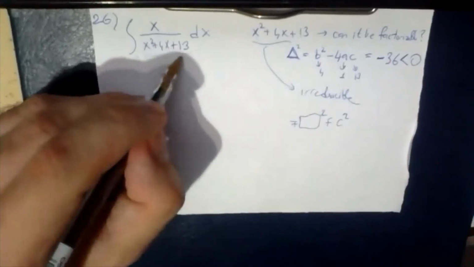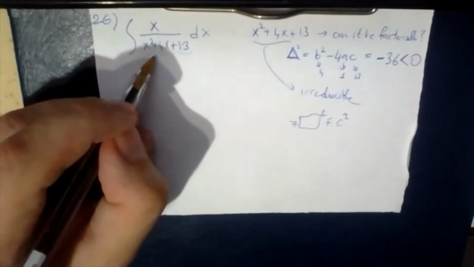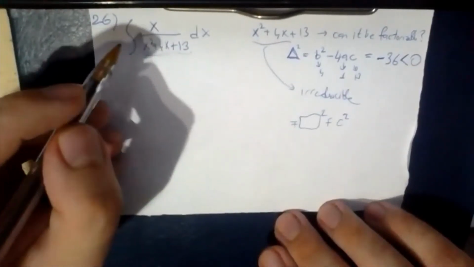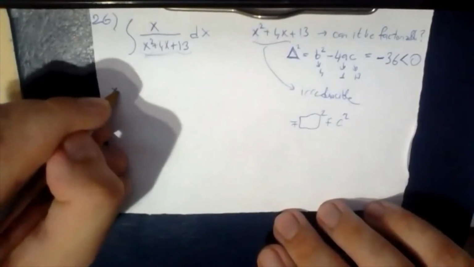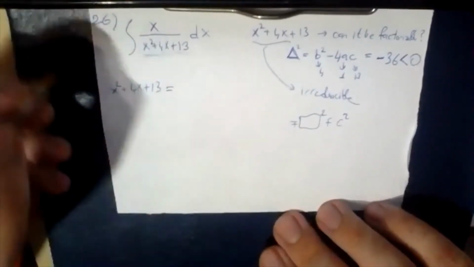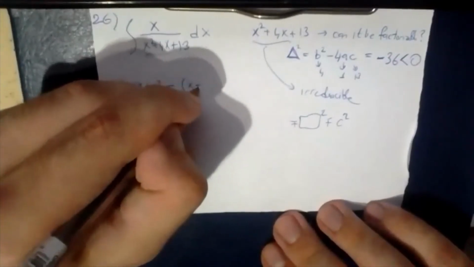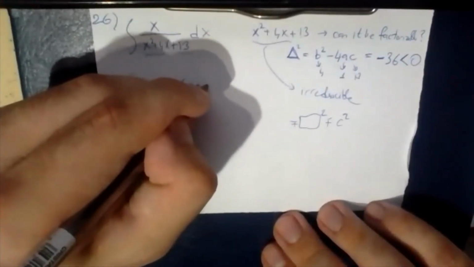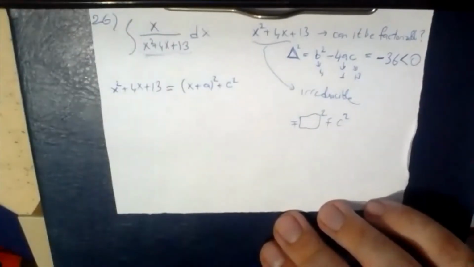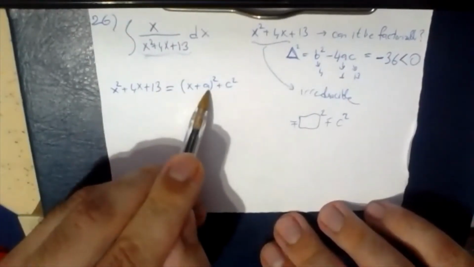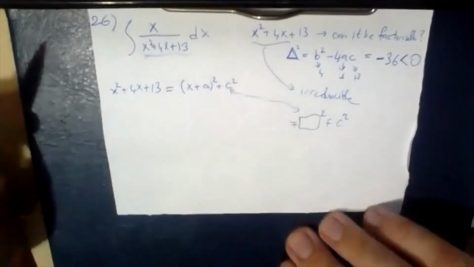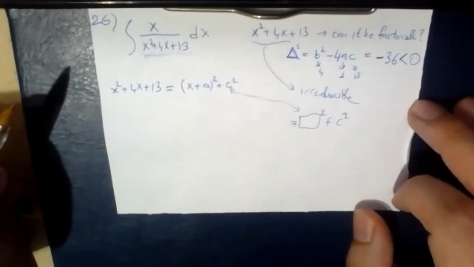So to solve this problem, we adapt it to x plus something squared. I mean, instead of x squared plus 4x plus 13, I try to write (x plus some number a) squared plus another number. After that, it will resemble the trigonometric substitution forms.